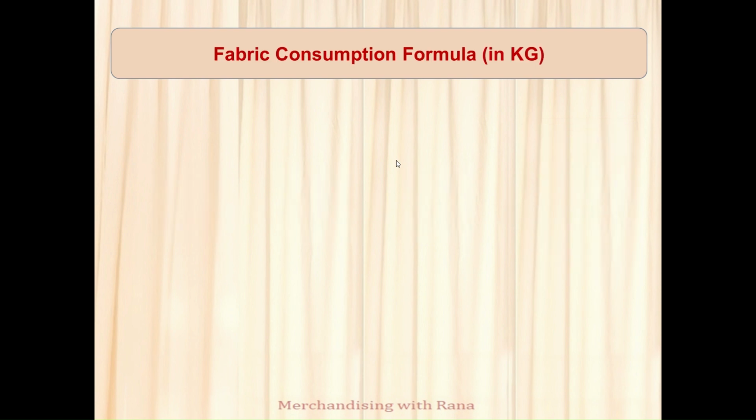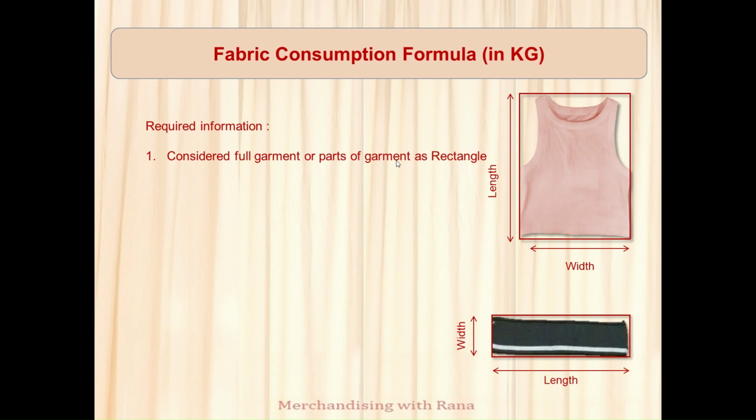Now let's see our fabric consumption formula. First, let's see what information is required to do this consumption. Consider full garments or parts of garments as a rectangle, like these two products. The first one is a vest. I have marked a rectangle here, and this is the width, and this is the length. And this is the collar of one polo shirt, which I took as one part to show.